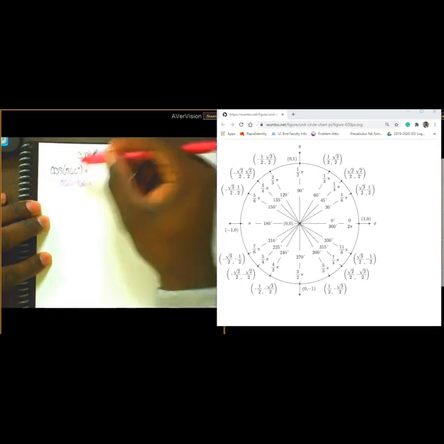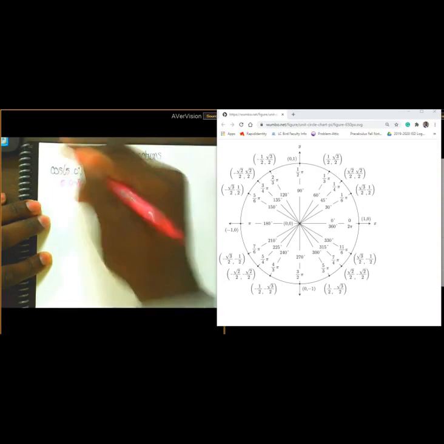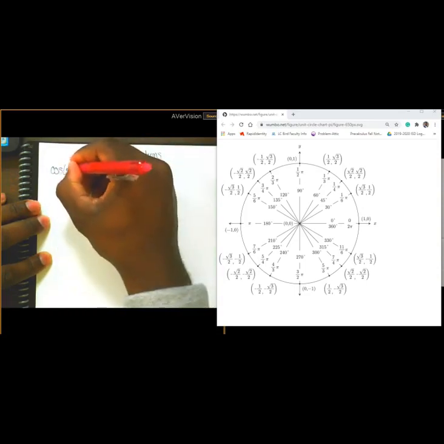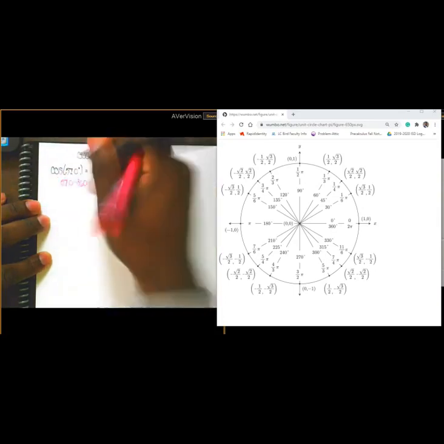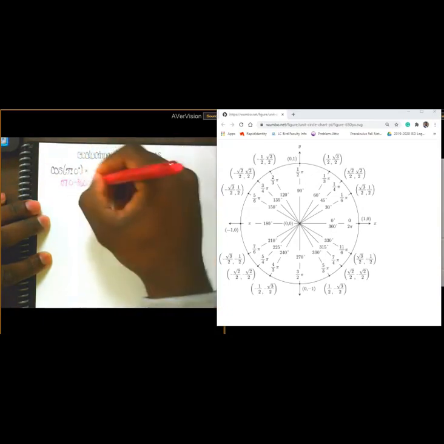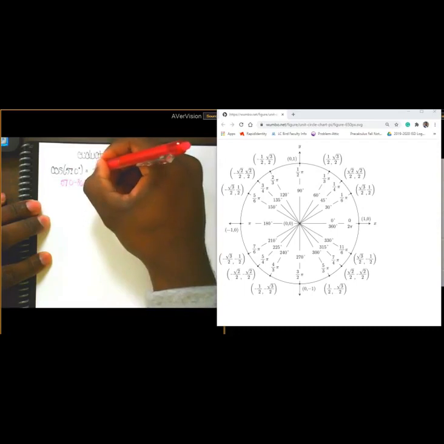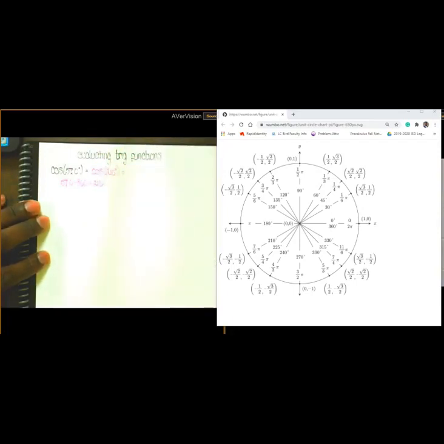Let me pick a better number. So we take 570 and subtract 360, we get 210, right? So we're really trying to find what cosine of 210 is.